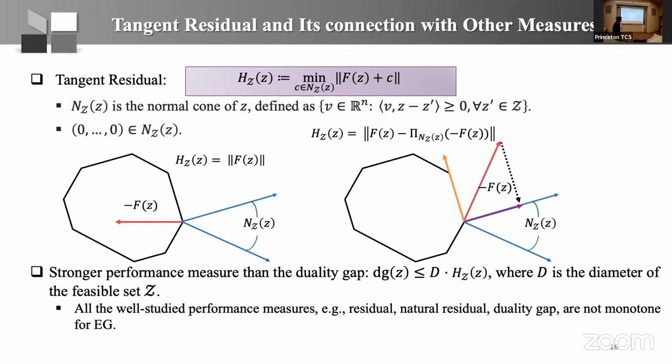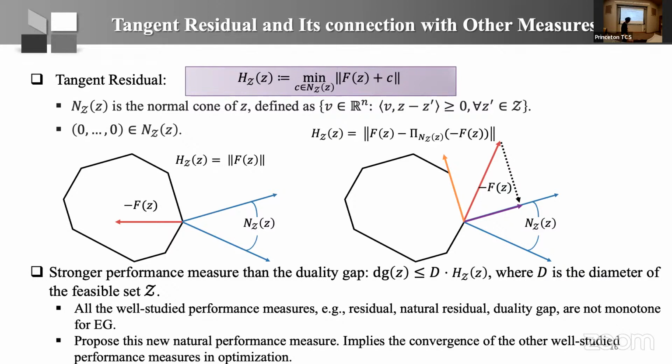Well, it turns out we ran a bunch of experiments and found it is not monotone. A lot of other things are not monotone, so you cannot really use them as a potential function to support analysis. And this is the one that we found empirically that is monotone and actually makes sense. Okay, but just to sum up, if you prove convergence in this measure, you get convergence in all the other measures.